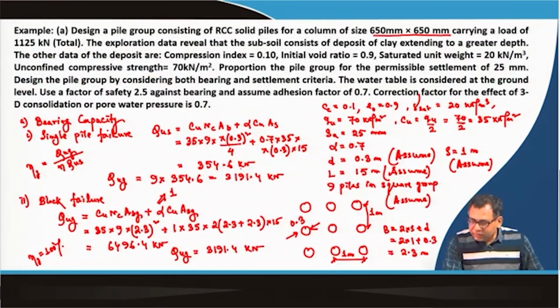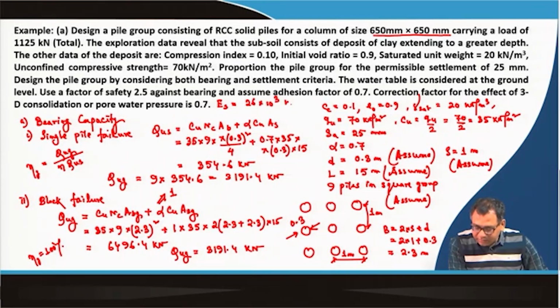So, elastic modulus of the soil is given, no, it is not given in the question, but I should write that thing also. The elastic modulus of the soil is missing, but it is given in the problem. So, elastic modulus of the soil is given 26 into 10 to the power 3 kilonewton per meter square. So, it is given.